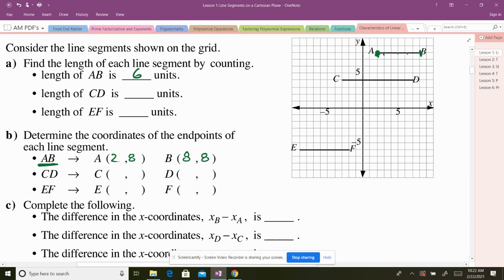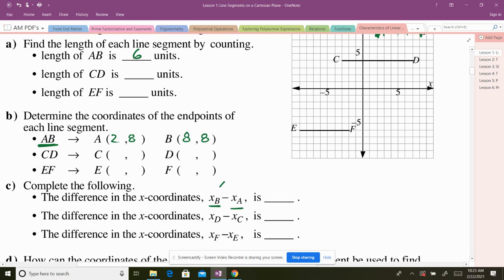I know you start counting the lines and they kind of go blurry. All right, so 8 and 8. Now, if I asked you to subtract XB and XA, so what I'm saying is the x coordinate of B. What's the x coordinate of B? 8. Because remember everything's XY, XY.